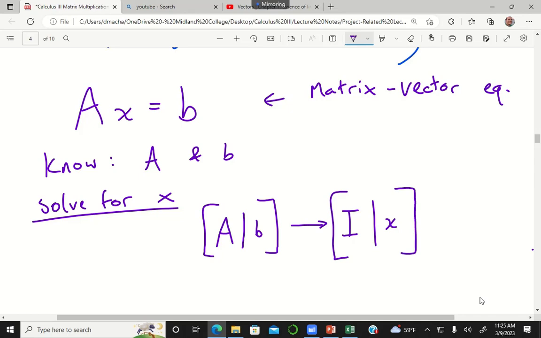So that last column, after we perform Gaussian elimination, is where we read off our answers. Because we were solving for x, the x vector is going to appear in the farthest right column.